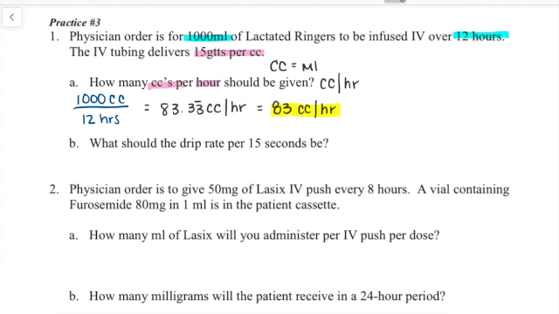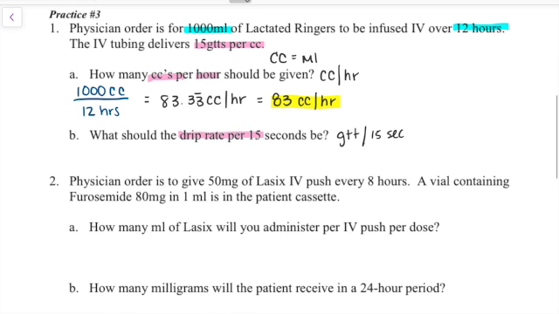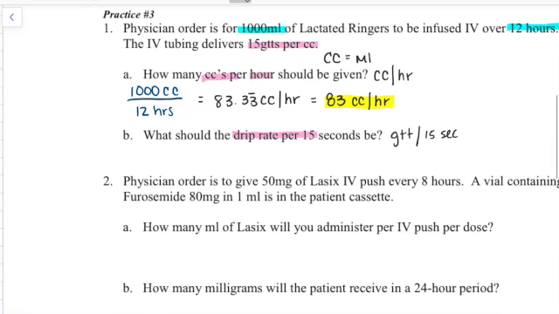For B, it asks, what should the drip rate be per 15 seconds? So we're going to want our answer to be in drops per 15 seconds. Okay, so I'm actually going to start this problem completely over, and I'm going to use mLs instead of cc's now.